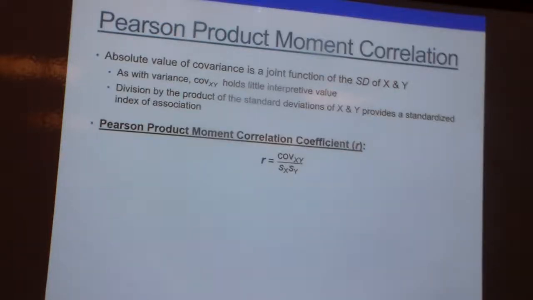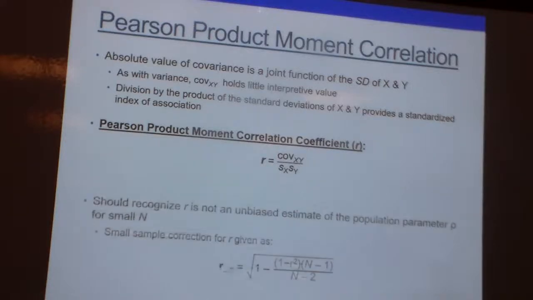But if we take that covariance divided by the product of standard deviation of Y and standard deviation of X, we get our correlation coefficient, right? Correlation coefficients ranging from -1 to 1, indicating magnitude of a relation between two variables.